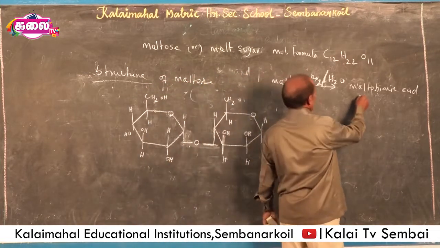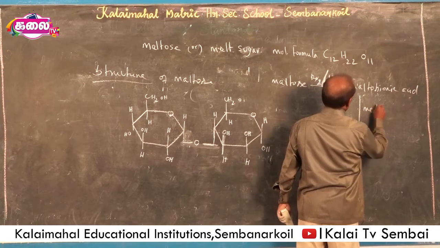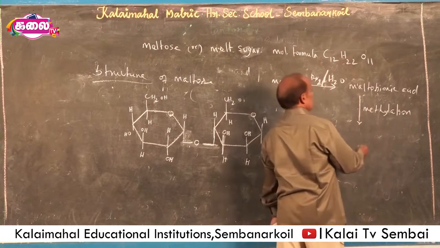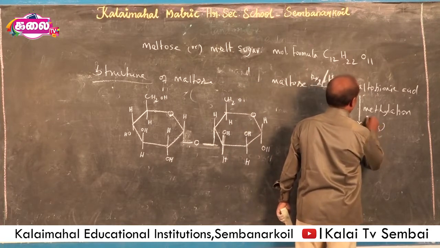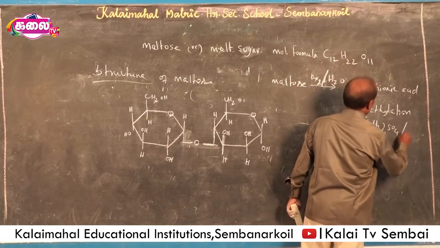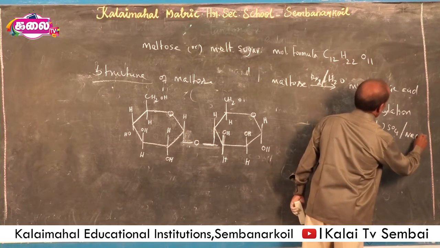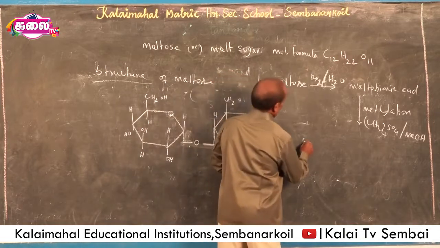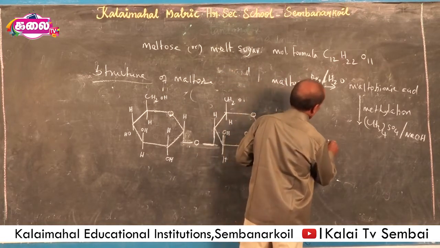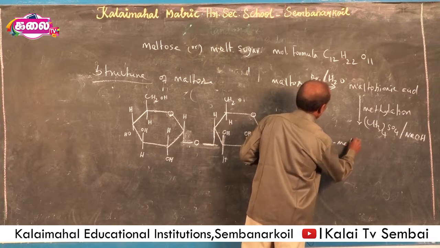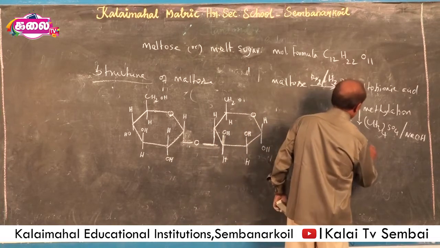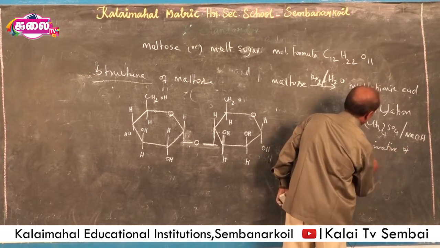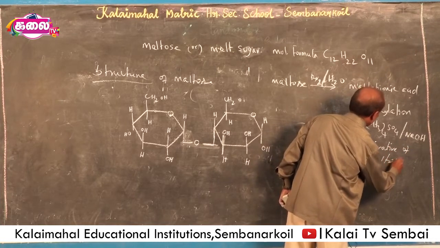Then maltobionic acid on methylation using dimethyl sulfate in the presence of sodium hydroxide gives the octa-O-methyl derivative of maltose.